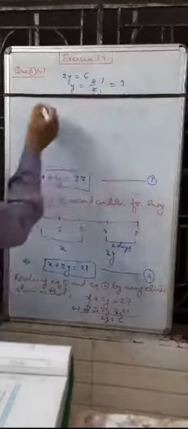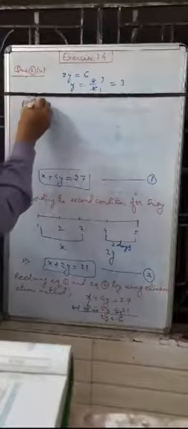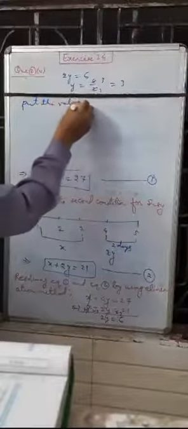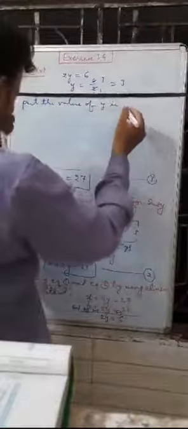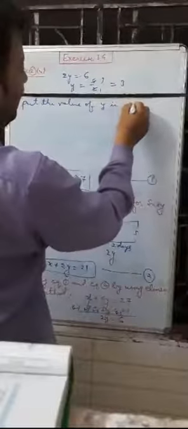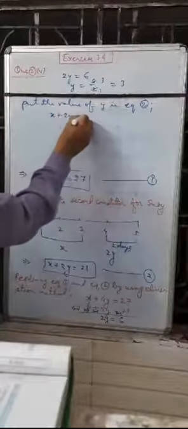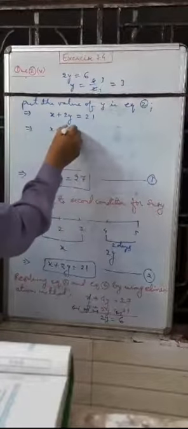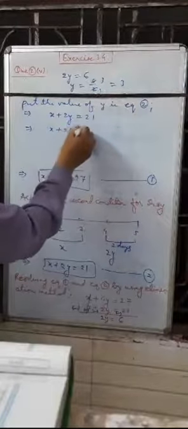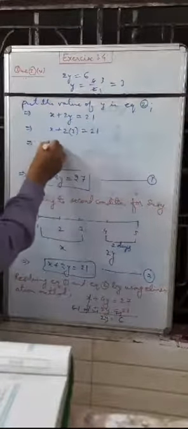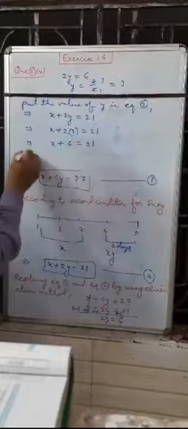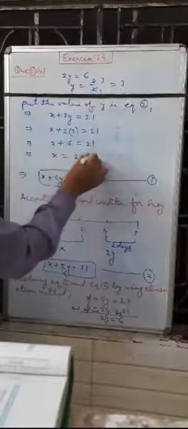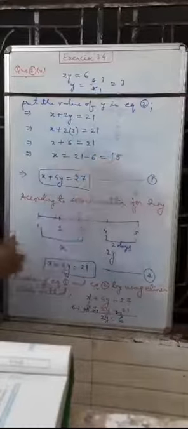So put the value of y in equation 1 or 2, which you like. I like equation number 2. The equation 2 is x plus 2y is equal to 21. So put here x plus 2 into y, which is 3, is equal to 21. So x plus 6 is equal to 21. So x is equal to 21 minus 6 is equal to 15 rupees.